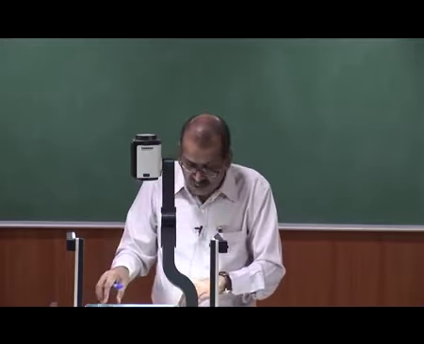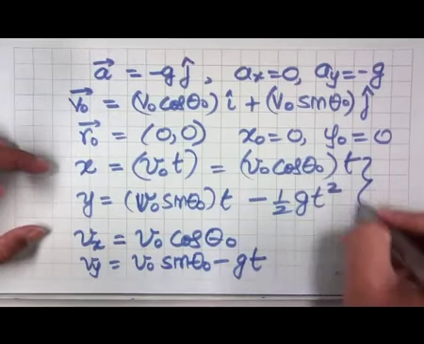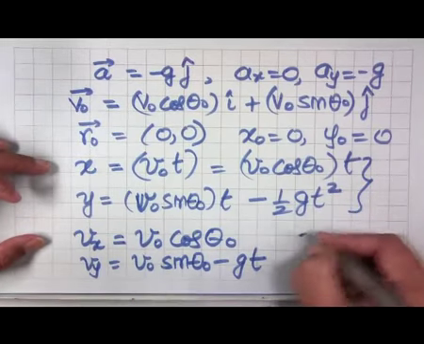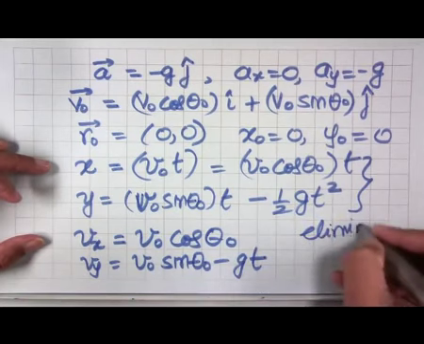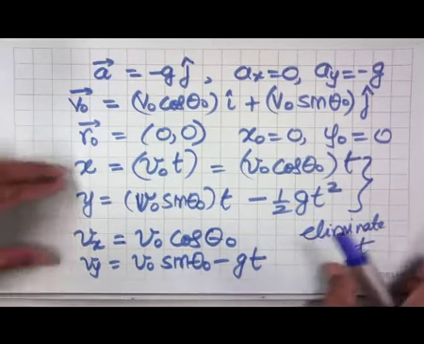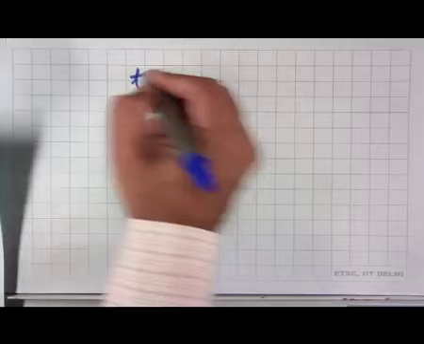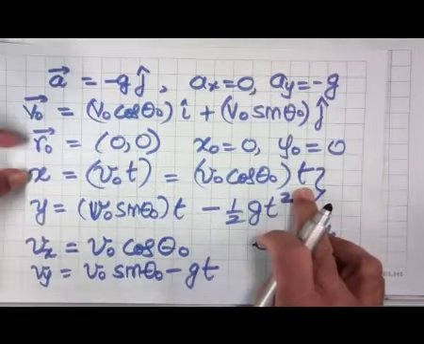Now if we want to find the path of the projectile, we will use these two equations and eliminate time to get y as a function of x. The easiest way to do this is to go to the x equation.